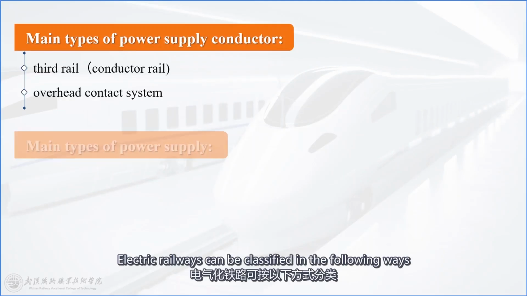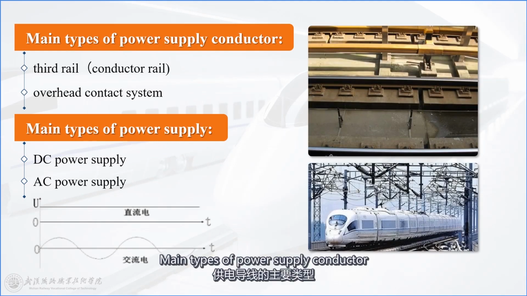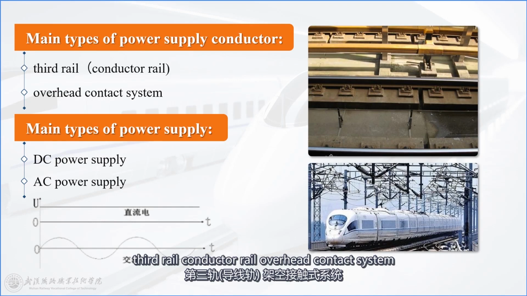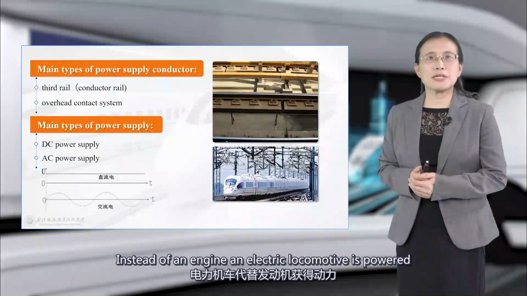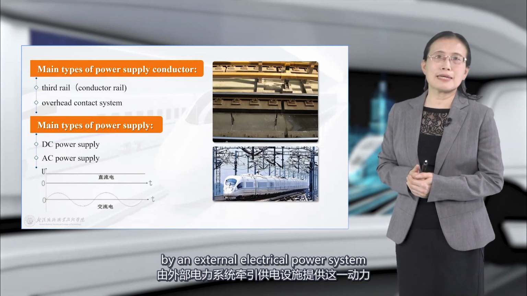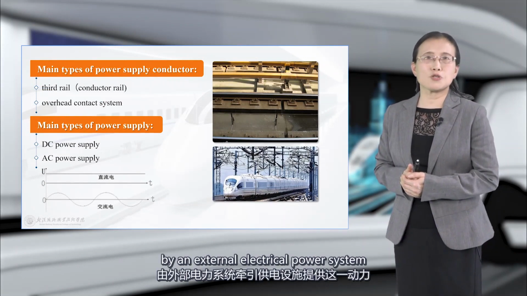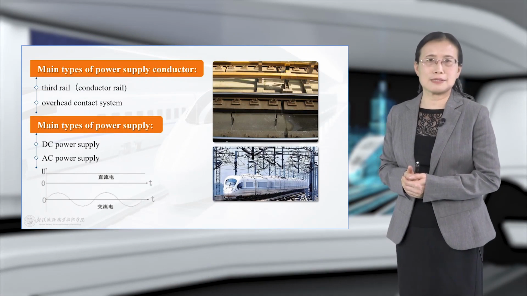Electric railways can be classified in the following ways: main types of power supply conductor: third rail, conductor rail, overhead contact system. Main types of power supply: DC power supply, AC power supply. Instead of an engine, an electric locomotive is powered by an external electrical power system via traction power facilities.